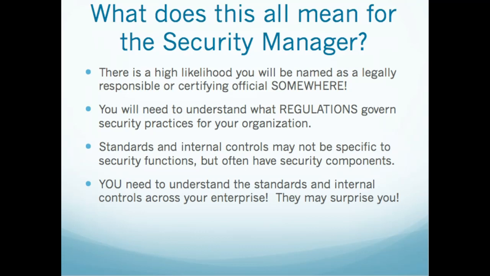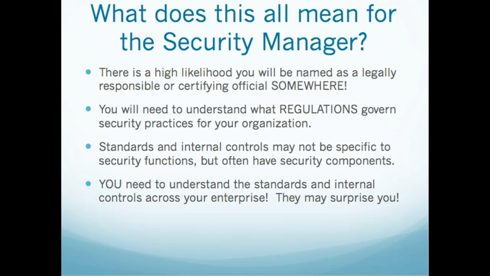And so those internal controls may say that the packaging for that aspirin gets protected just as well as the aspirin does, because we don't want that packaging going out and being used by those people to put fake aspirin in the box and sell it to you at a big profit. You need to understand the standards and internal controls across your enterprise, and they really might surprise you.